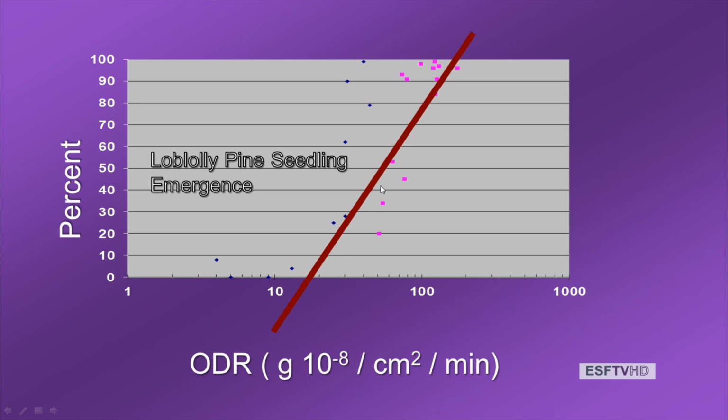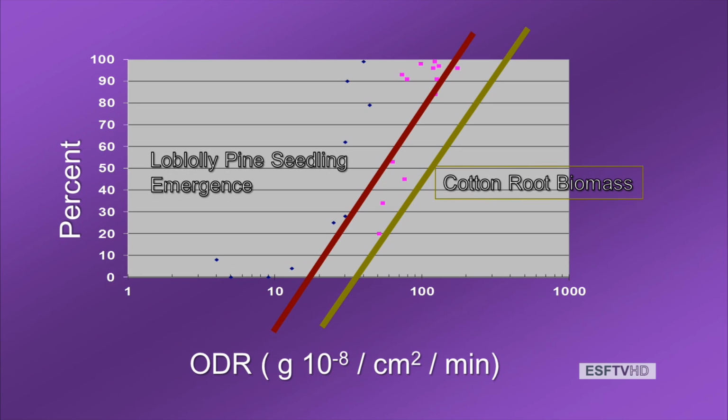We can look at another, totally different system in terms of cotton root biomass, and the same kind of thing. Cotton root biomass is expressed by these blue diagrams. Actually this line should have been over here; somehow I stuck that line over here. At any rate, it's the same linear relationship, so the slope is about the same.